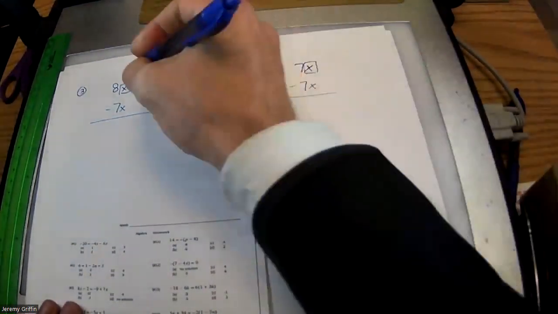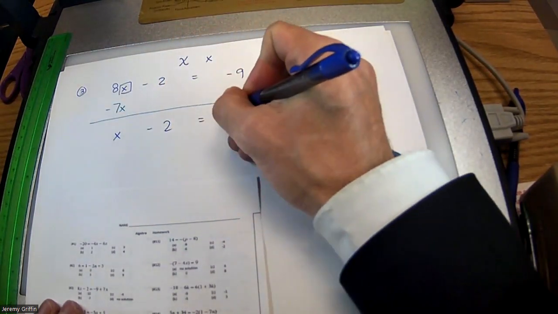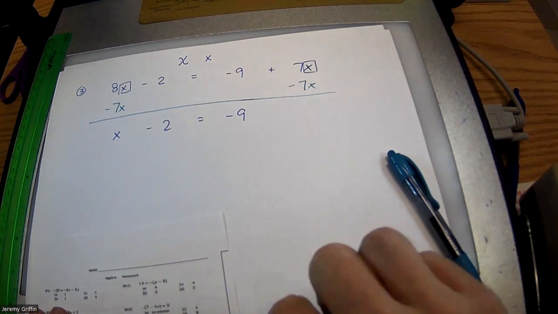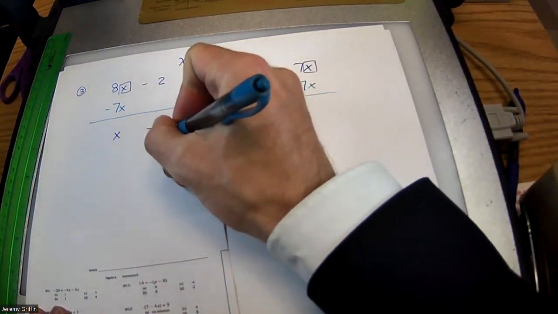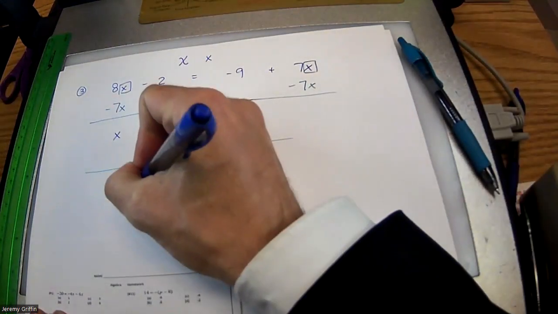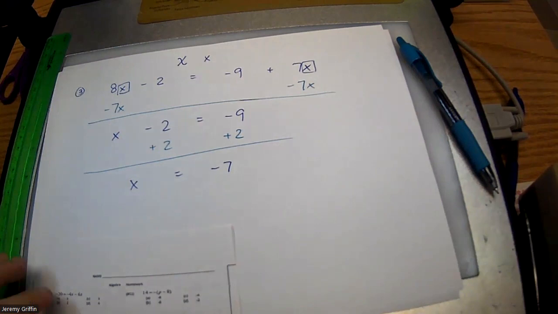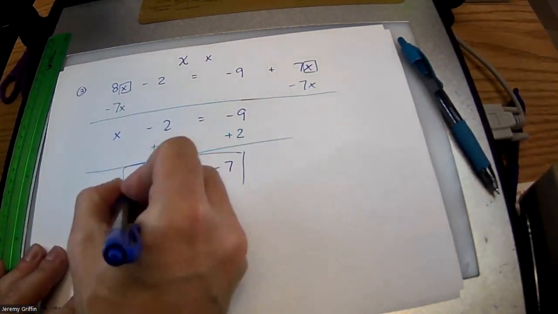So 8x minus 7x is just plain 1x, or x, and I still have the -2, that's -9. The other algebra step is to add this 2 over, plus 2, balance your equation. Okay, x is equal to -7. And that's it.